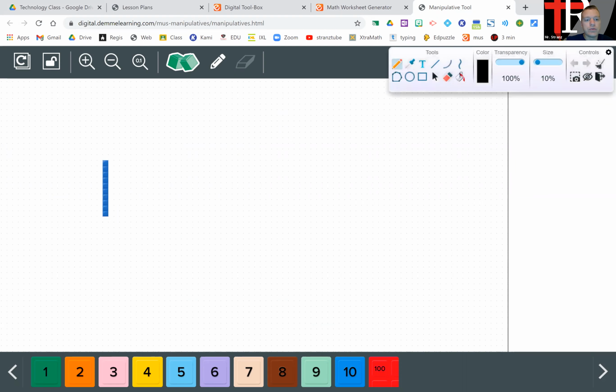So this right here represents a tenth, okay? So if we have 10 of those, what is that going to represent? So if we multiply this by 10, if we multiply that by 10, we're going to have the number 1, right? Keep that in mind. Okay, so I'm going to erase that.